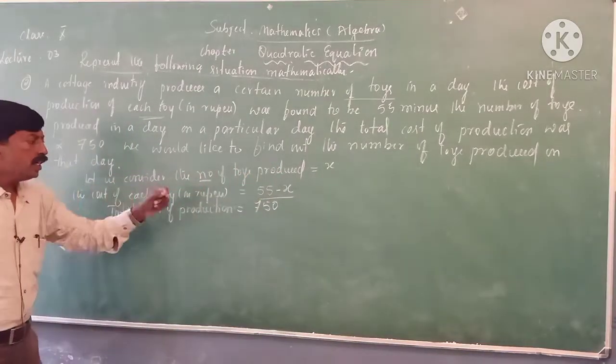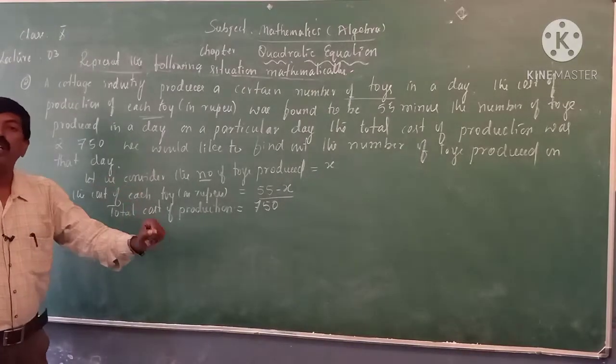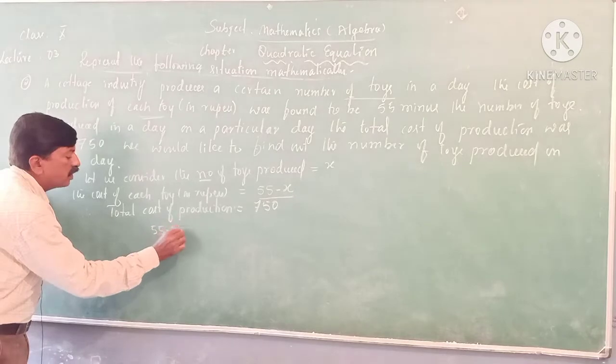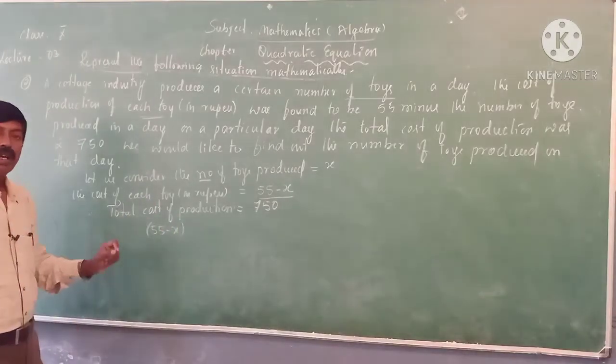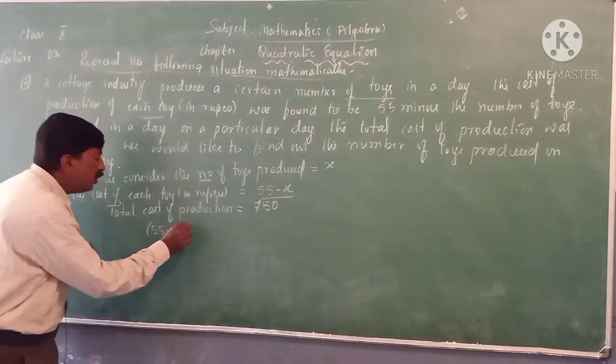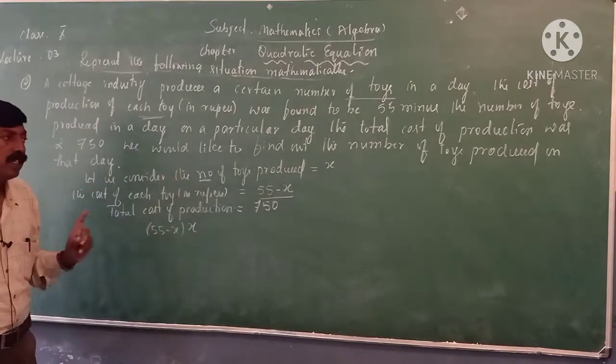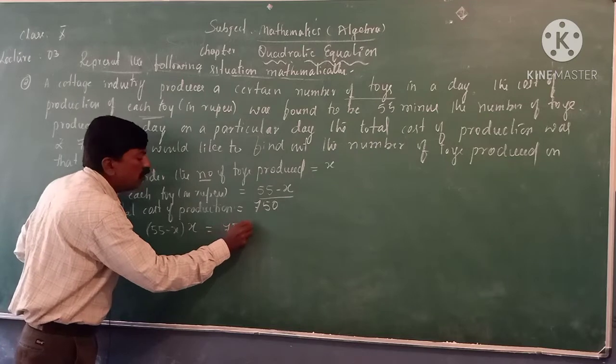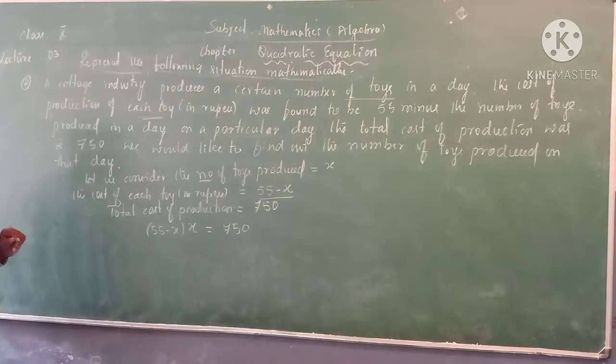It means 55 minus X, the cost of each toy, into X, the number of toys, must be equal to 750.